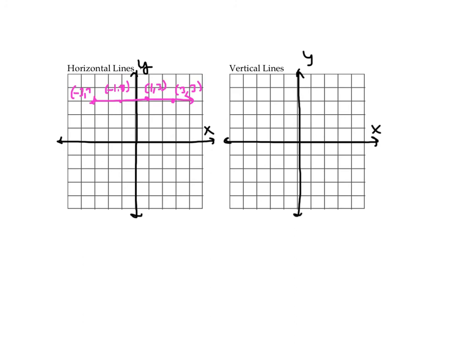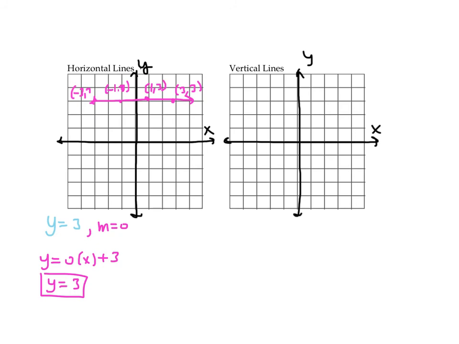So the equation of this line would actually be y equals 3. And this is because every point on that line has a y value of positive 3. The slope of the line equals 0. So if you try to write it in slope-intercept form, you'd have y equals 0 times x plus 3, because 3 is the y-intercept, and that would simplify to just y equals 3.